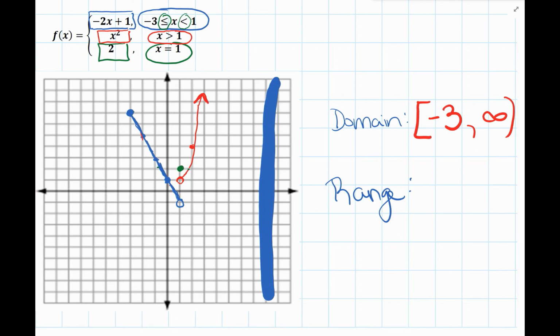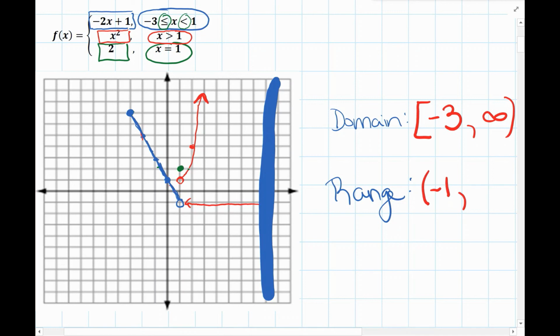If I look at this graph, the very lowest y value starts right here, and that is -1. It's also an open circle. So when I draw this, it's going to be parentheses -1.